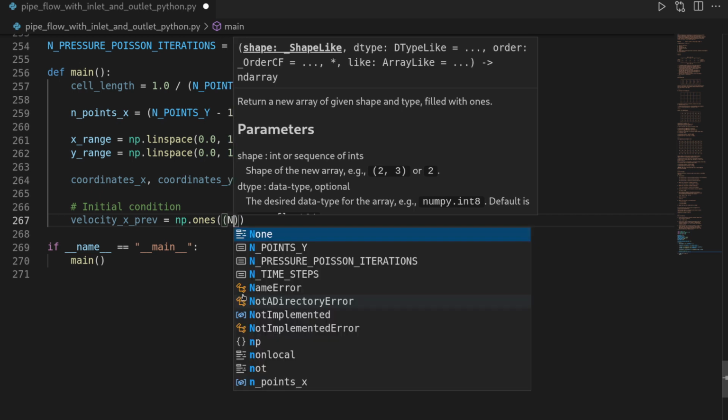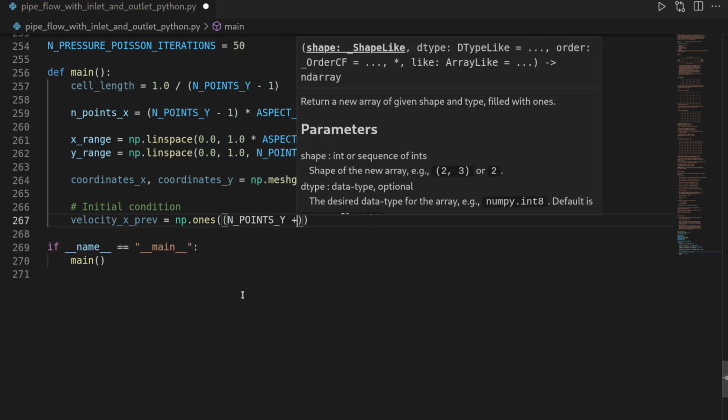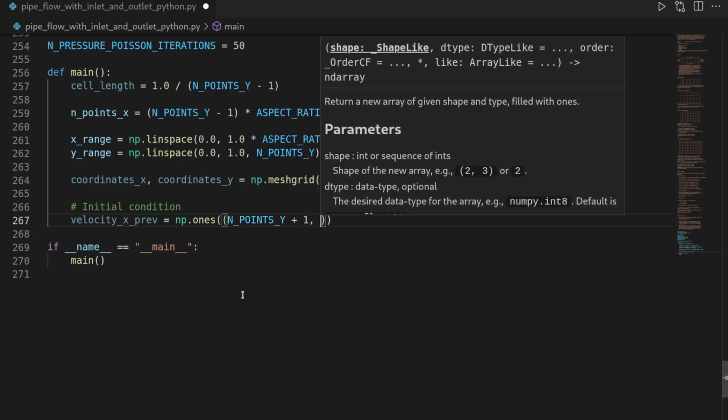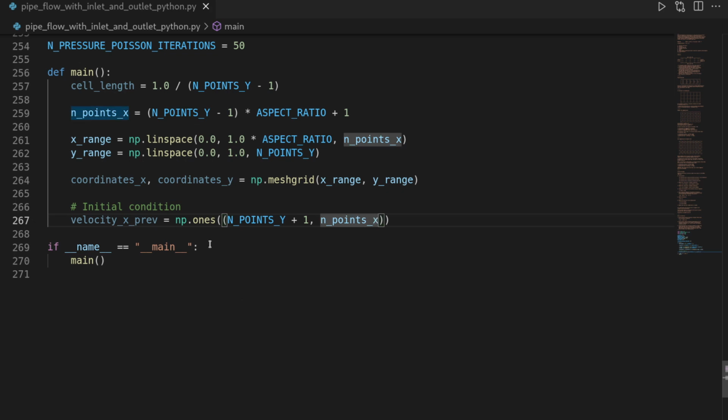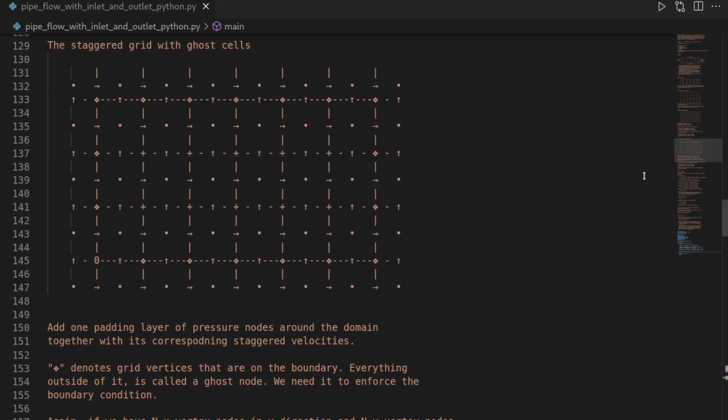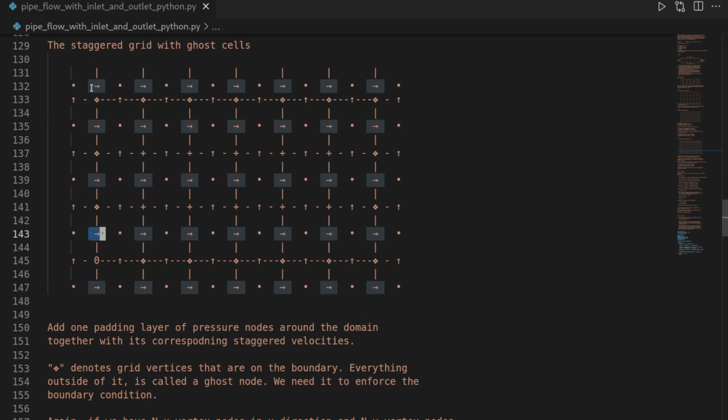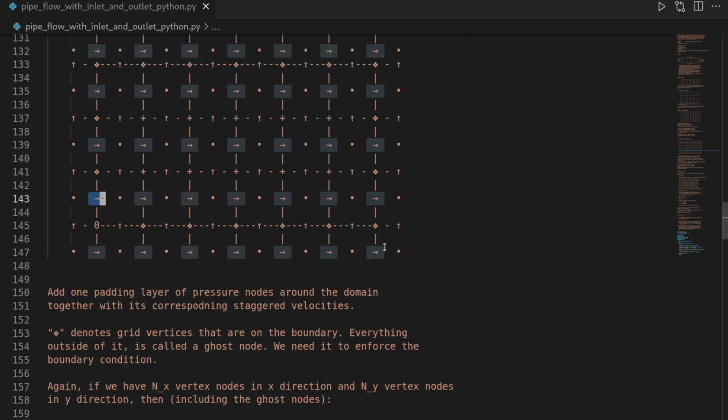So this one is made of n points in Y plus 1 in Y direction and n points in X direction. Because if we go back to the staggered grid and we look at our X velocities, we see we have one more than we have discretization points in Y direction, but we have the same amount as we have discretization points in X direction.